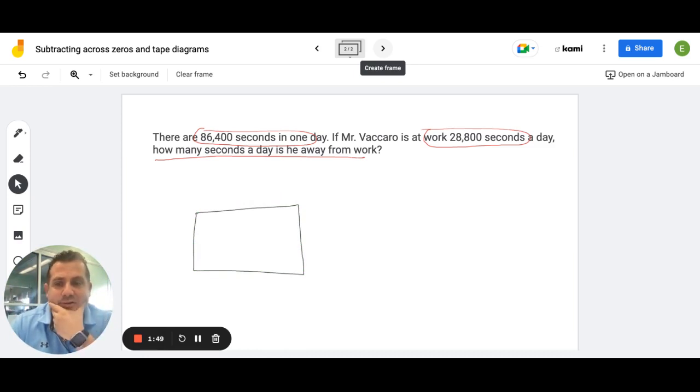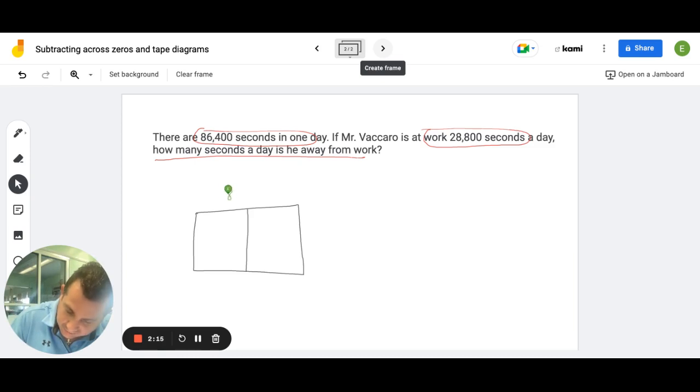How many parts do I have? It's telling me that there are 86,400 seconds in one day, and then it's split into how many seconds a day I'm at work and how many seconds a day I'm away from work.